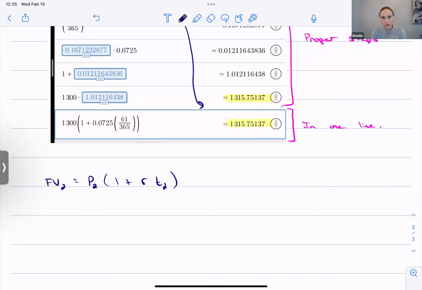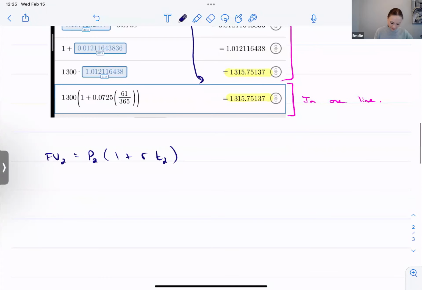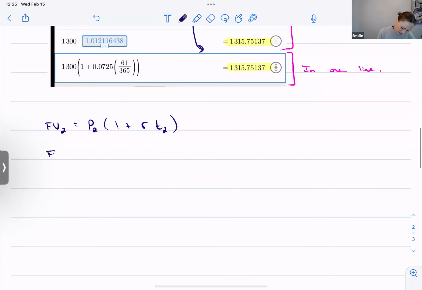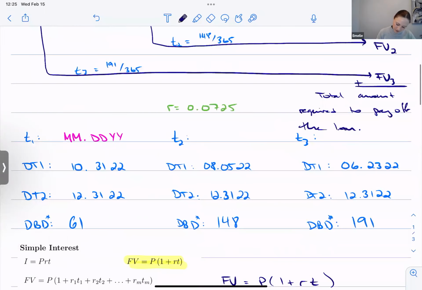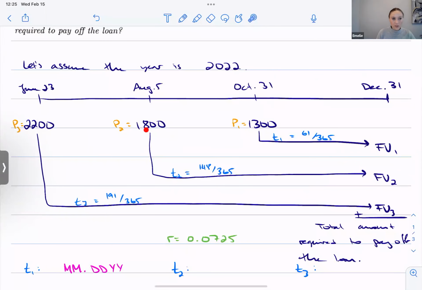I'm being super thorough with my work here for this one because I'm sure this is one that you're going to refer back to when you're working through these problems. So I don't want to skip any steps. Later on, I get lazy and I start kind of just jumping right in and maybe not writing the subscripts, that kind of thing. The principal amount for loan number 2 was 1,800 and it was borrowed for 148 days.